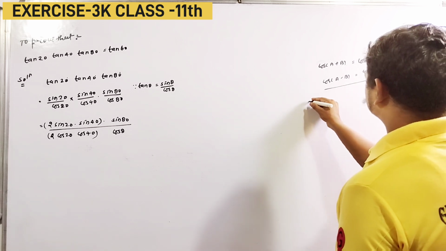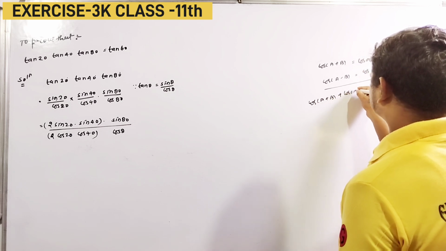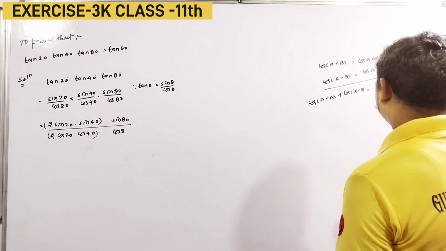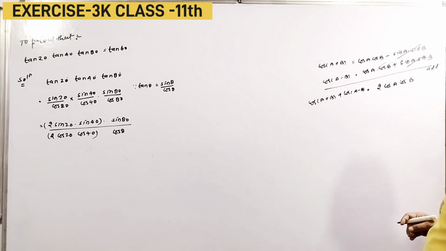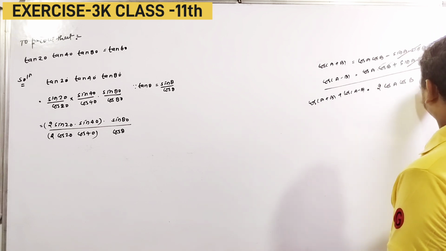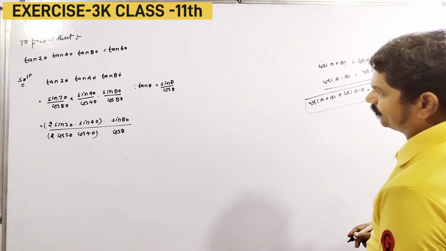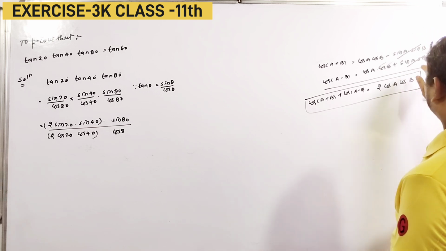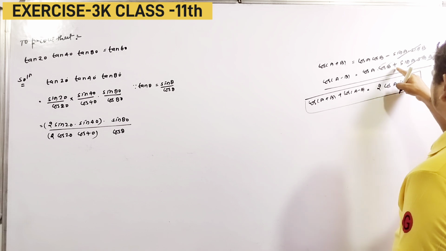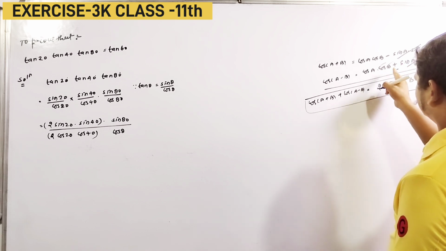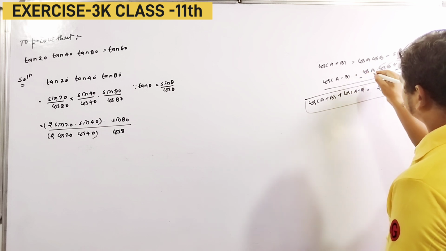And same work you will do here: cos A plus B plus cos A minus B, just like that you will write here, clear? And when you subtract it, this is one formula, clear? Formula number 1. When you subtract it, you will write subtraction, and in place of the sign you write a negative sign, and there is a plus hidden, it means you will change it into a negative sign.